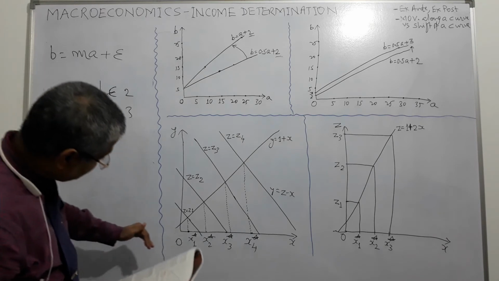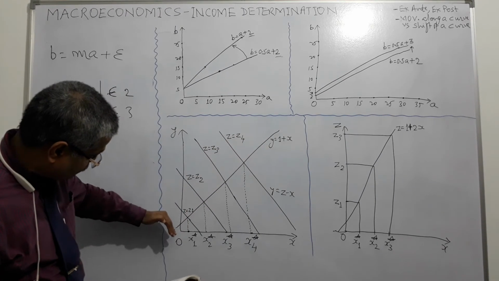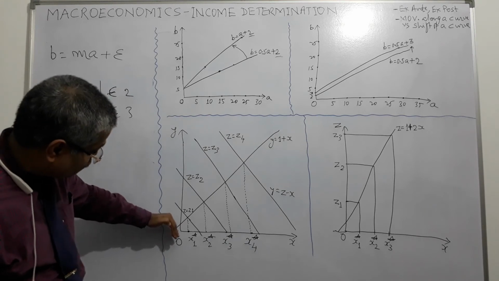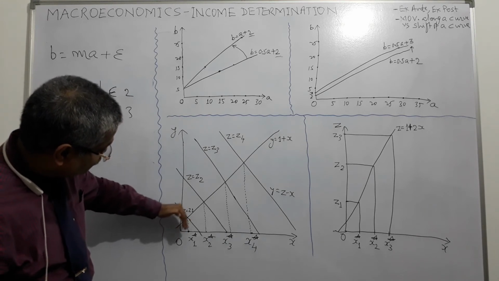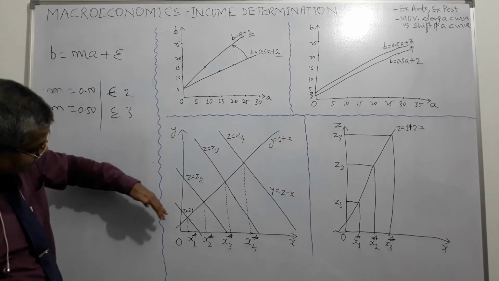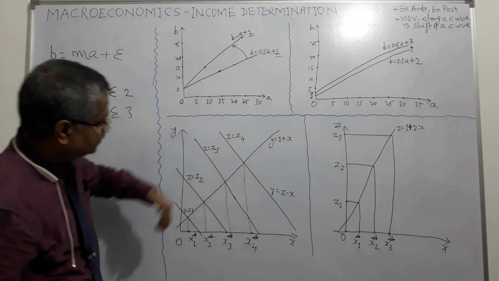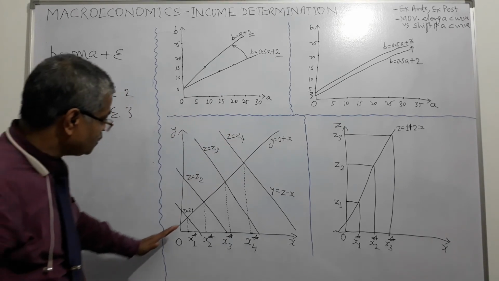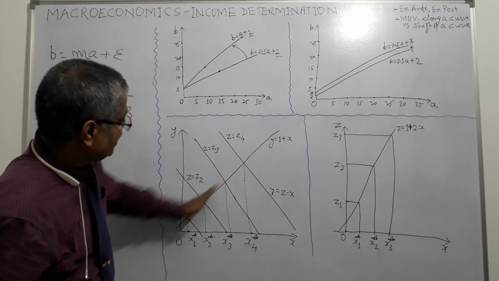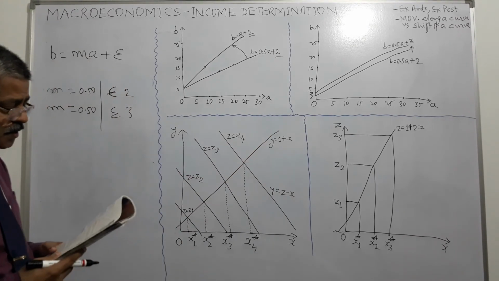And for increasing values of z starting from 0, what happens? This line keeps on shifting parallel and moves along this line, right?